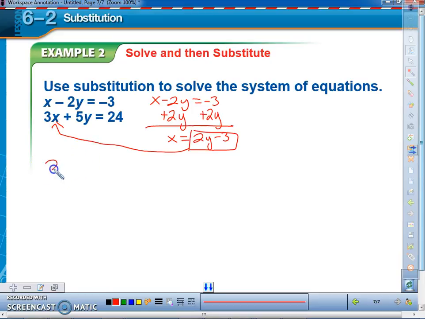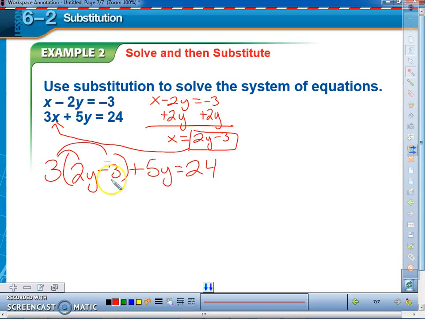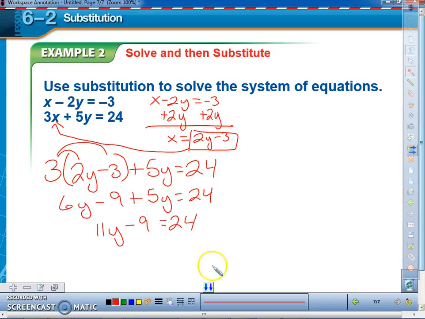So if I do that, it would be 3 times (2y minus 3) plus 5y equals 24. So now I solve this just like a regular equation where I distribute out, and it's 6y minus 9 plus 5y equals 24. Combine like terms, 11y minus 9 equals 24.